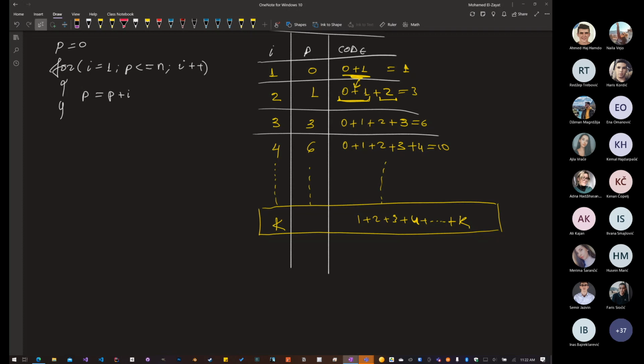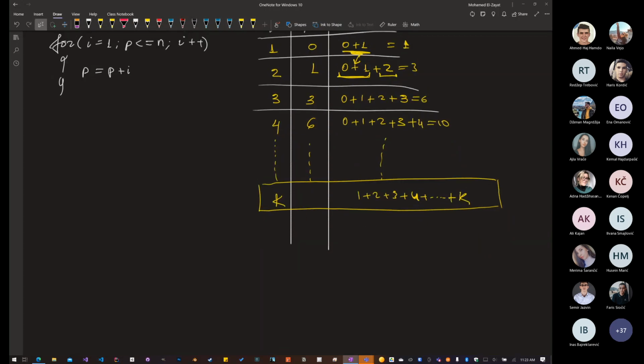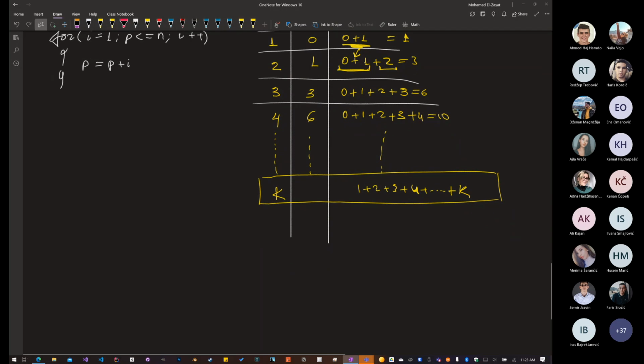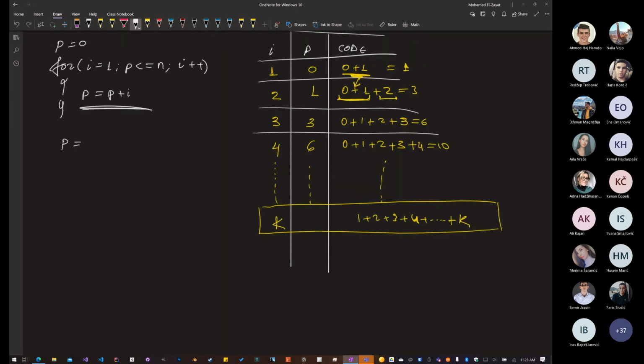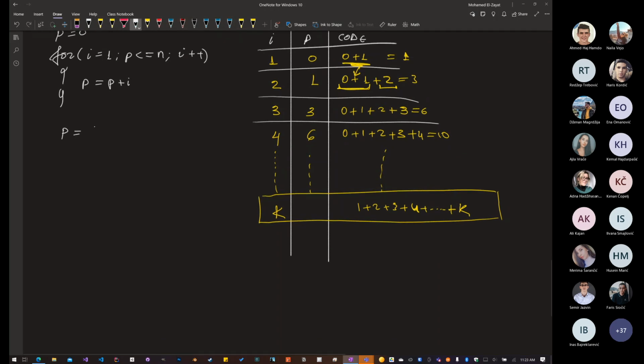Well, okay, k squared, but we have to define it in terms of a function of n. Let me show you the reasoning. You are close, but let's be a little more precise. Since P is in fact the sum of the natural numbers, and this is running k times, it's going to equal k times k plus 1 divided by 2.